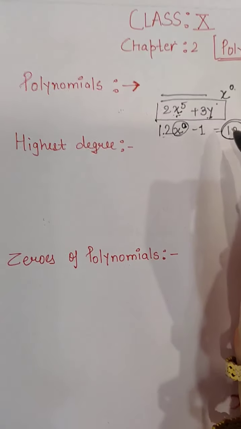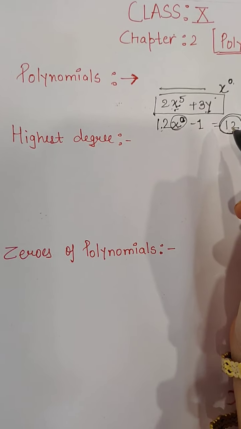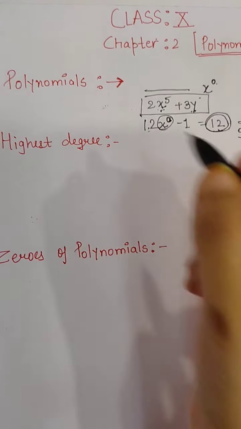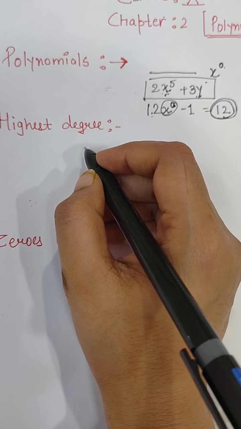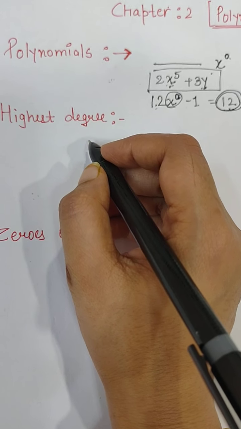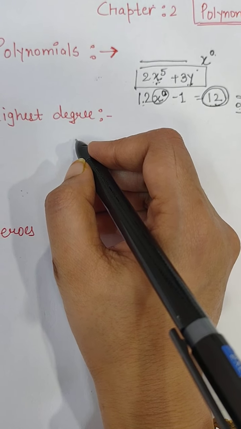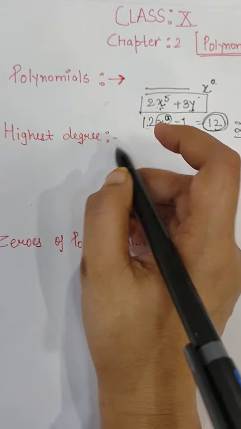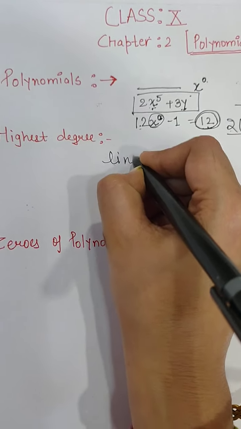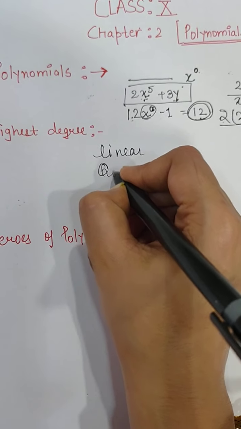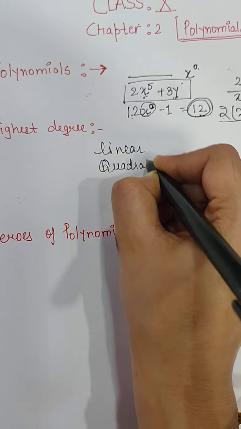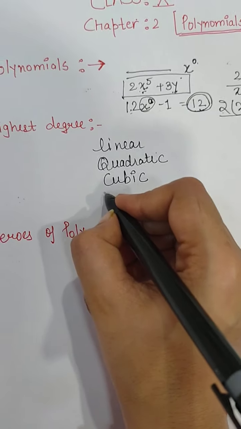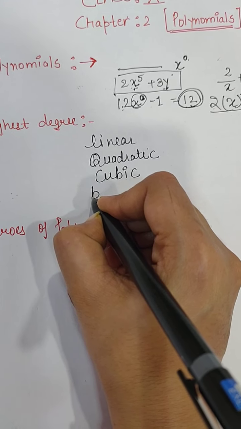Now the next point is the highest degree of the polynomial. Degree of the polynomial is the highest degree of the variable in the given polynomial, because according to the degree of the polynomial we always classify polynomials as linear, quadratic, cubic and biquadratic.